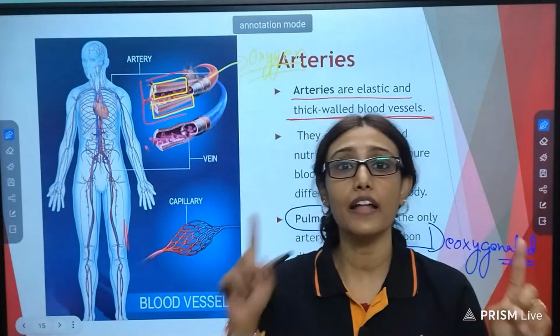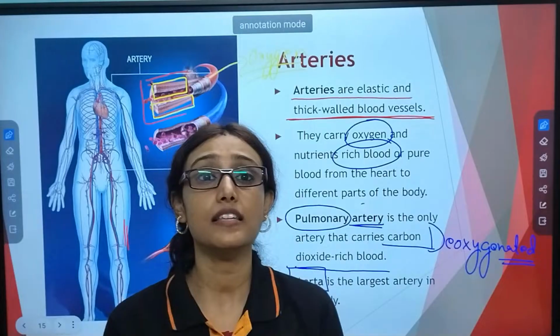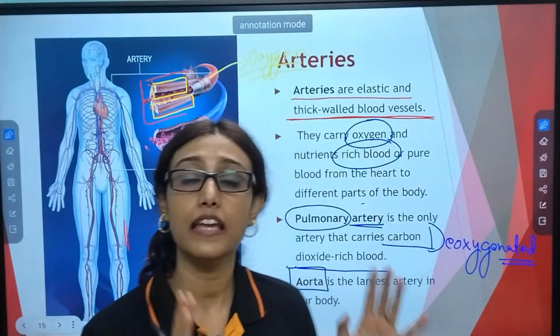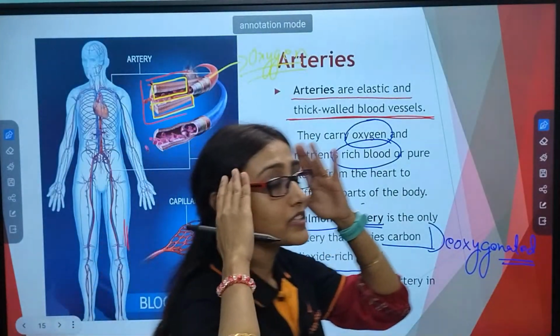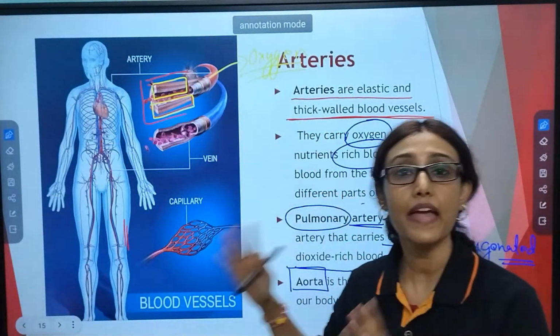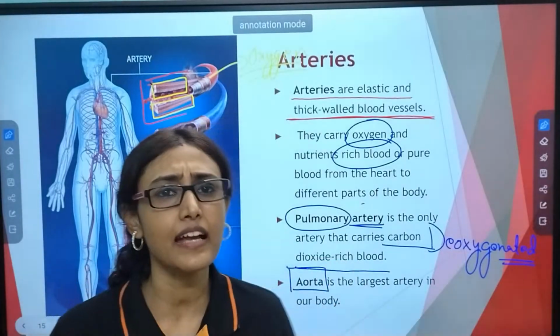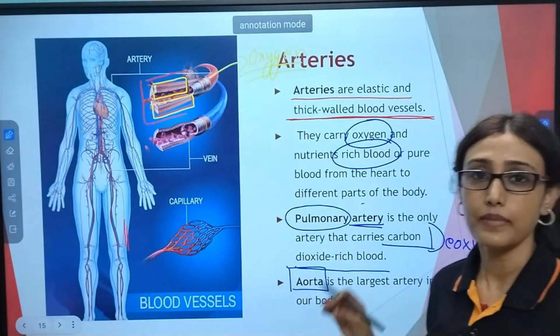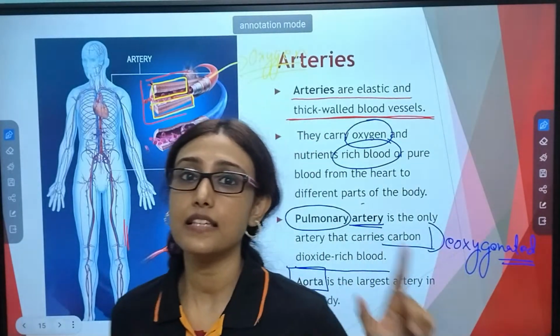Just relate one thing with another. Just see the magic of nature, how nature has created it. So much thought has gone into making the artery, the vein, any kind of system, any kind of organism in this world. Why are arteries thick?